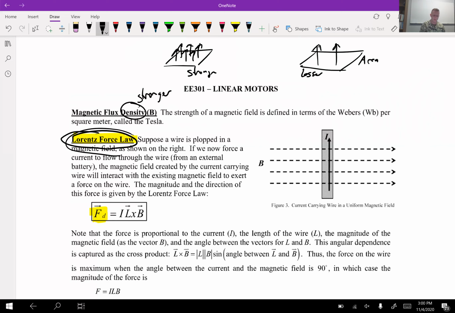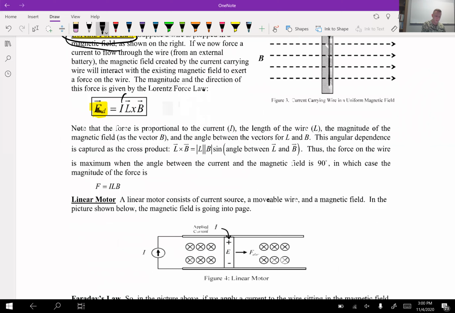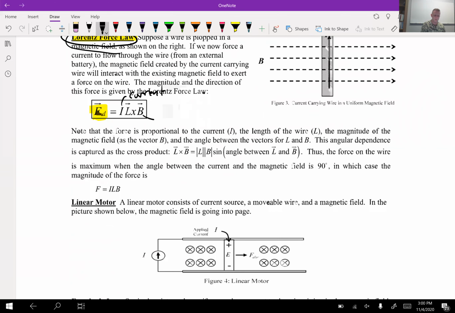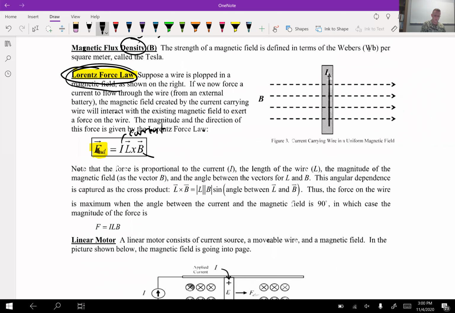If I have a stronger magnetic field and a higher current, look at the parts of this. I have a current right here, and this is my magnetic flux density. The stronger the field, the stronger the density. Just like my son's Brio trains, if I had stronger magnets on them, I could push one further.